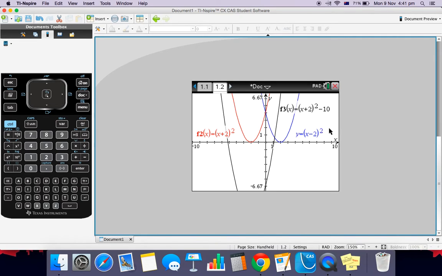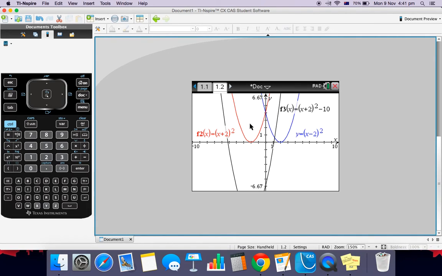Because this blue equation has a negative number squared, the parabola moved right, in the opposite direction. So remember, if you have an x and a negative number squared, it's going to move in the positive direction. If you have an x and a positive number squared, it's going to move in the negative direction.